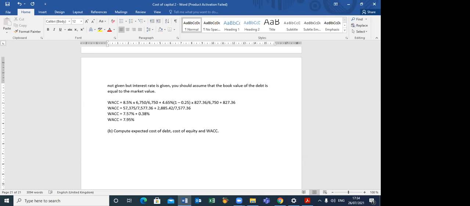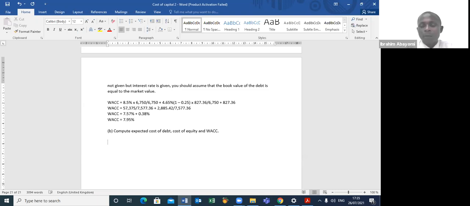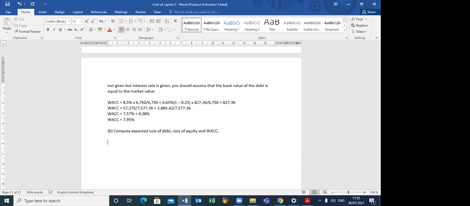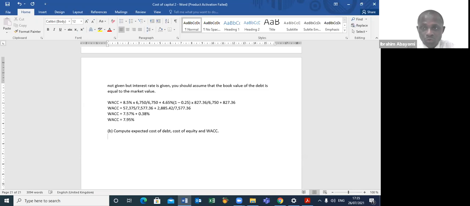Now, you know that the proposed debt is going to be issued in 2 zones, in Japan and in the Euro. So we are going to compute the cost of each debt because there are different jurisdictions now. We are told that the debt is going to be 50-50 from the 2 zones.